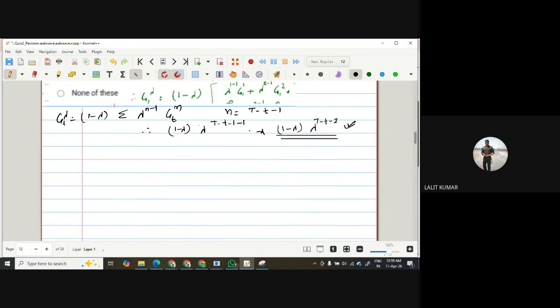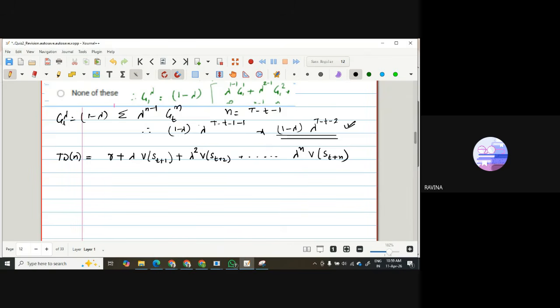Let's see. We will write the TDN formula. The TDN formula is R plus gamma into V(S_t+1) plus gamma square V(S_t+2), and keep on going up to gamma^n V(S_t+n). Is this okay?